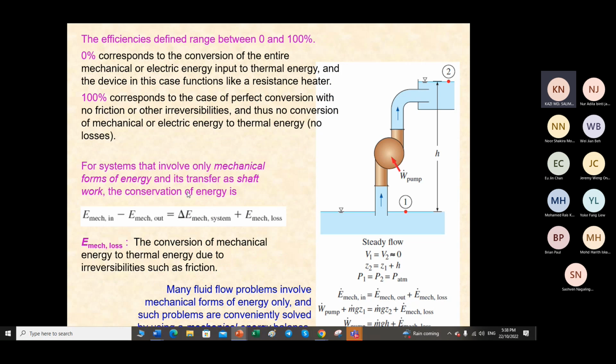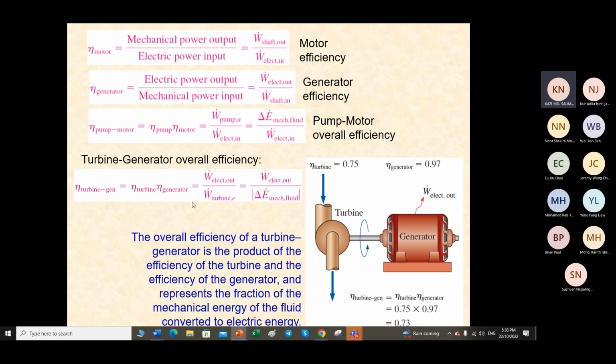Then it can be written that the generator produces electricity, so how many watts of electricity it produces divided by the turbine shaft work. This is equal to W electric output by delta E mechanical of the fluid, because the fluid gave the energy there.